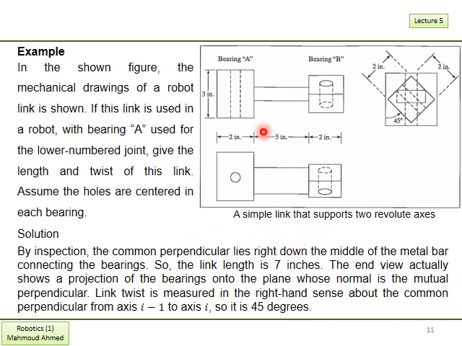Link length is measured along the common perpendicular, and link twist is measured as the angle between the plane, whose normal is the mutual perpendicular, and the extension of one of the bearings to the other.